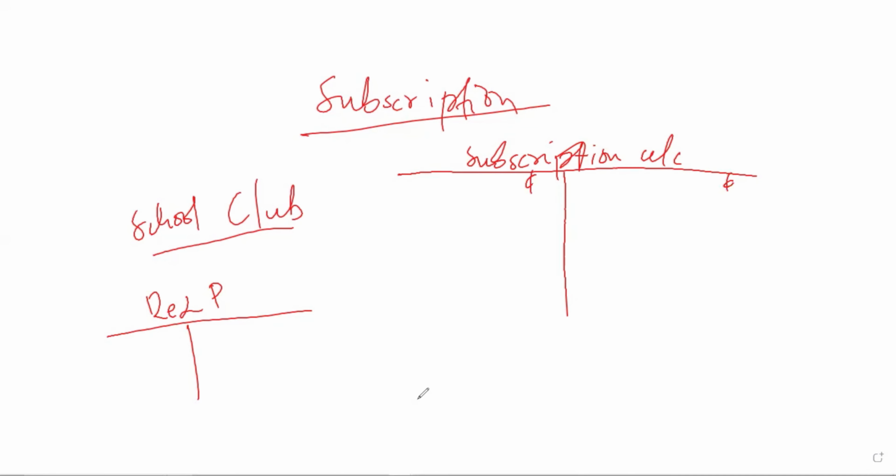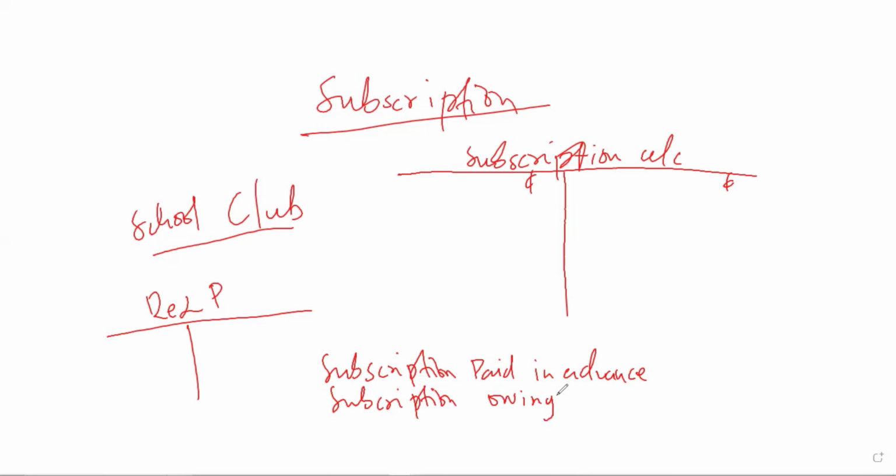In the question, you can have subscription prepaid, or paid in advance, and you have subscription owings. Normally you have 1st January 2024 and 31st December 2024. So let's say here we have 100, here we have 150, here we have 200, and here we have 400. We can have a question like this.